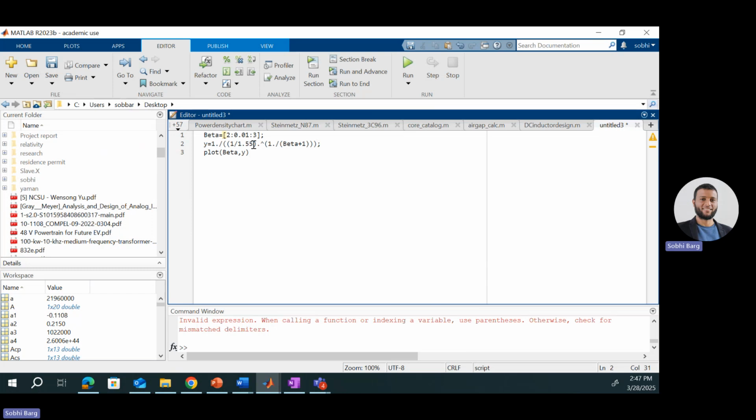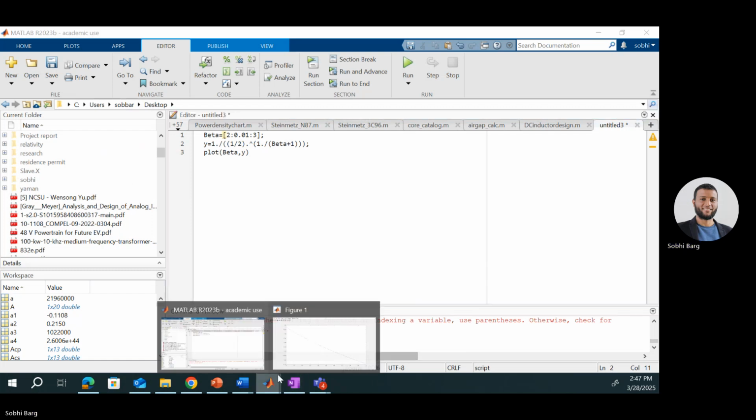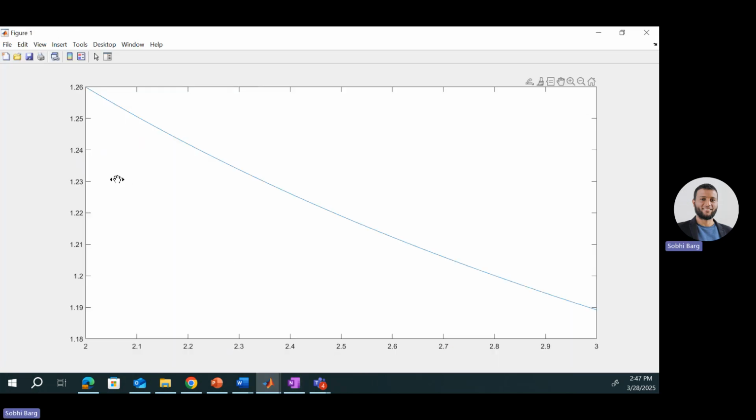Okay, let's consider, for example, not 1.5. Let's see 2 times, and let's see what we get. So 2 times you will get the maximum. If beta is equal to 2, you will get 1.26 times.